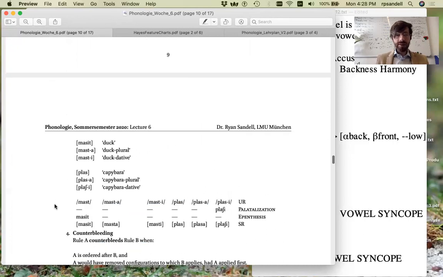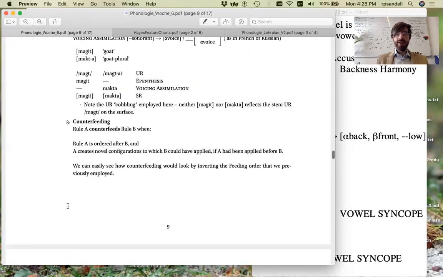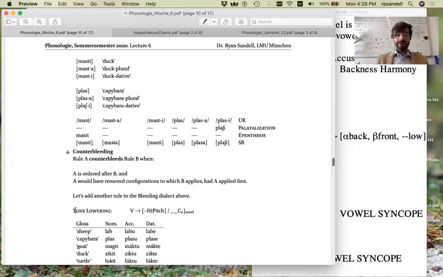So let's take the bleeding language with the rules of epenthesis and voicing assimilation, and I will add another rule to this language, which states that a vowel that has high pitch, we'll call this rule tone lowering, becomes low pitched in the last syllable of a word.